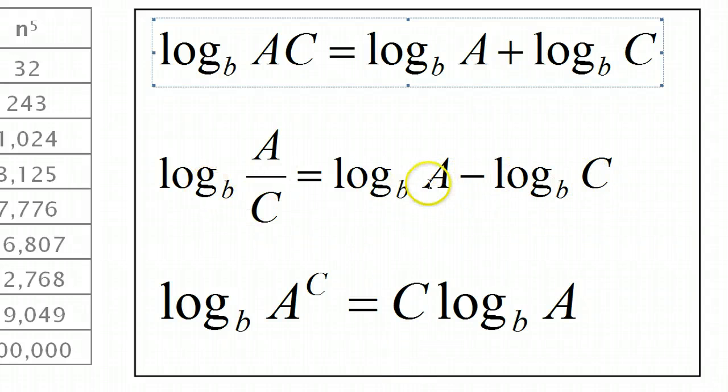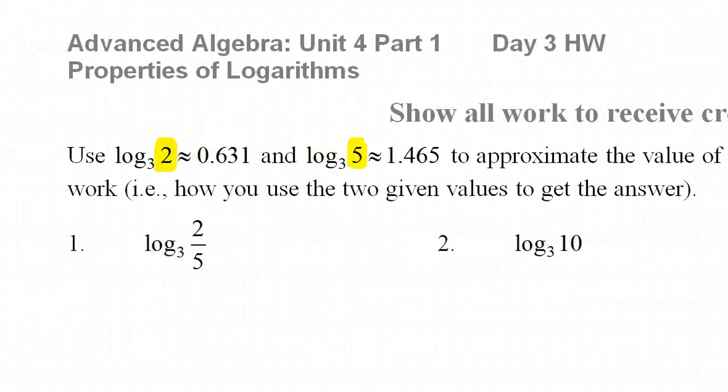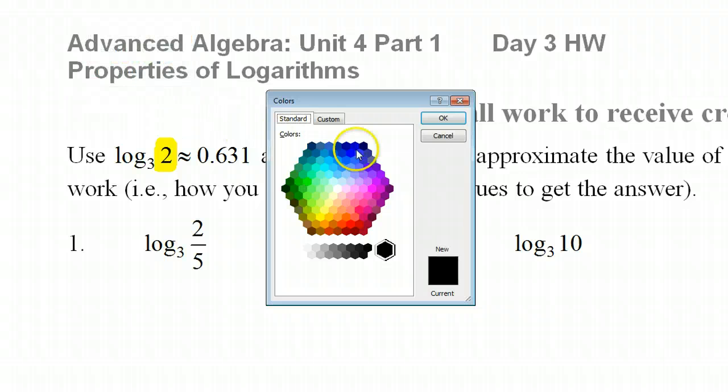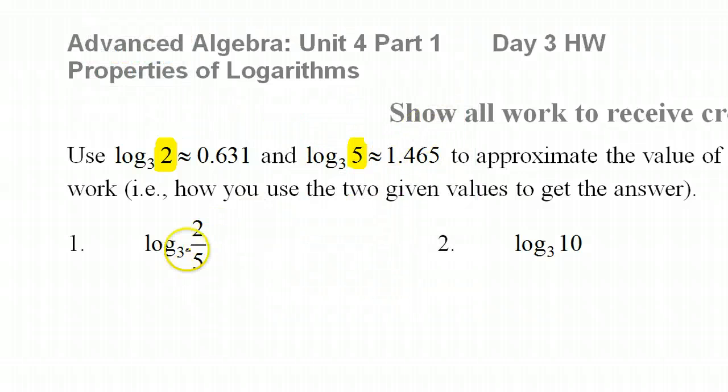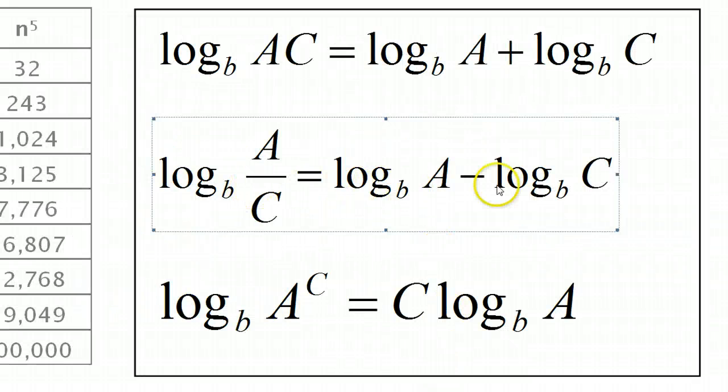So the second rule is the one that we're about to use. So that means this should be the same thing as the log base 3 of 2 minus the log base 3 of 5. Okay? Division becomes subtraction.